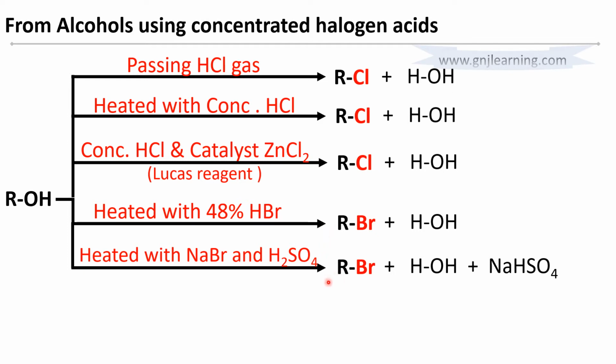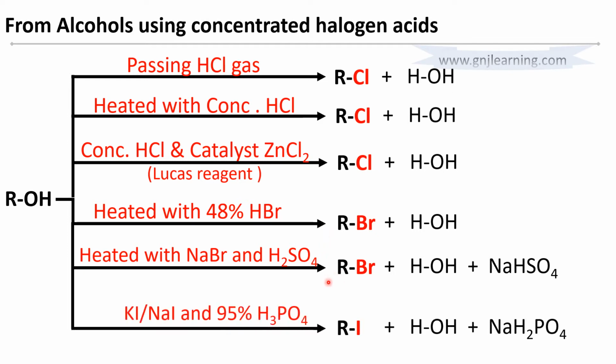Now how to get iodoalkane? Here I am using a much weaker acid, 95% orthophosphoric acid, or simply phosphoric acid. Clear? So 95% is taken.